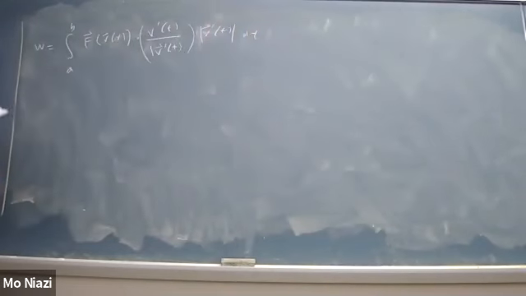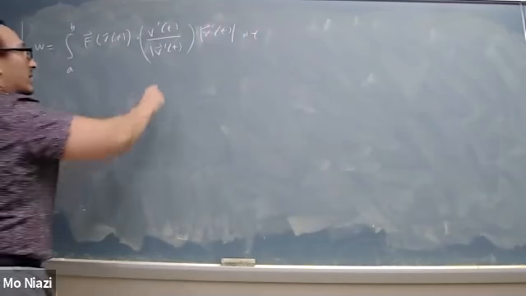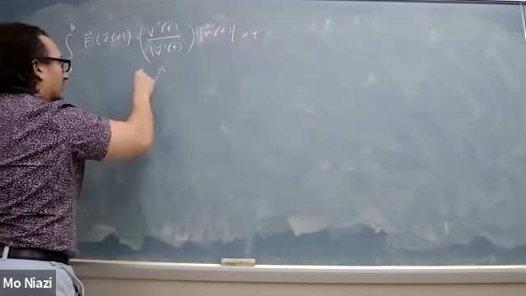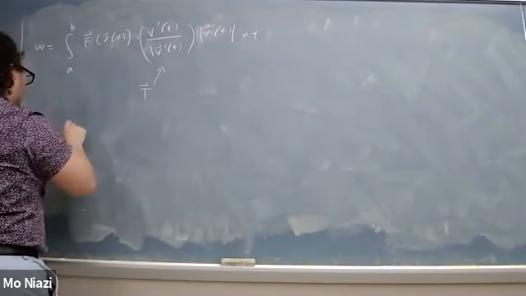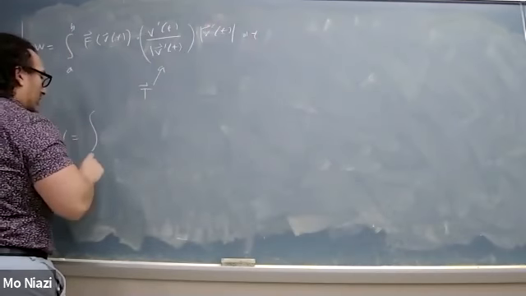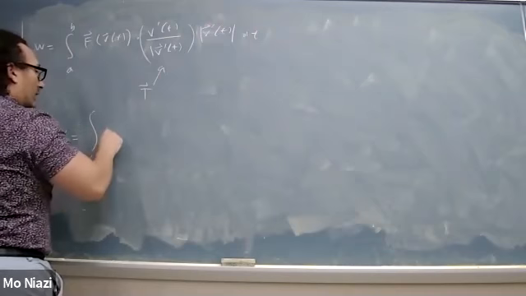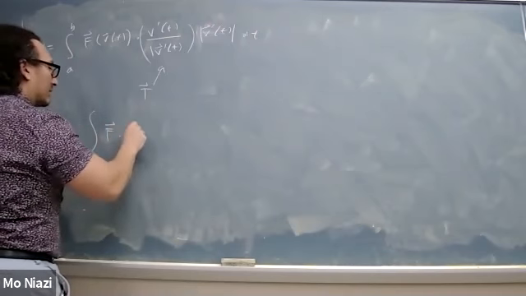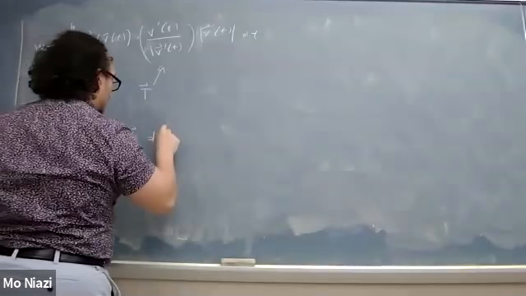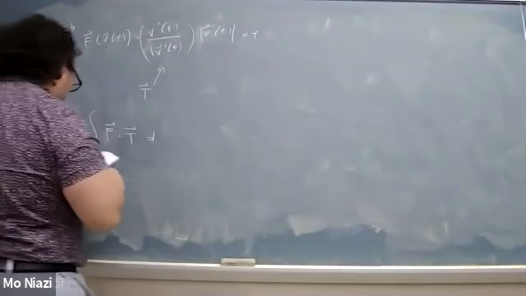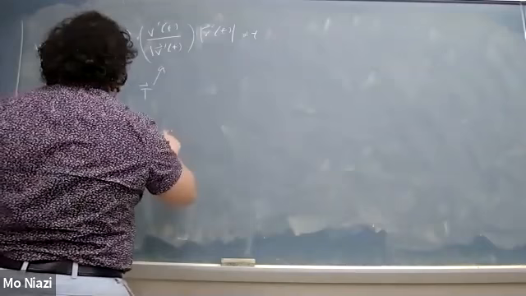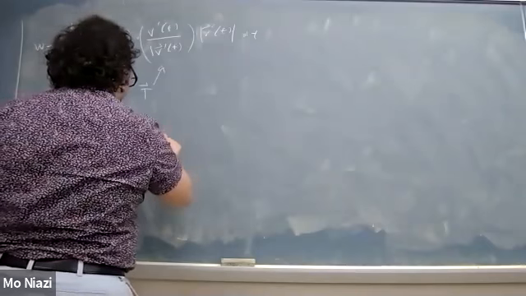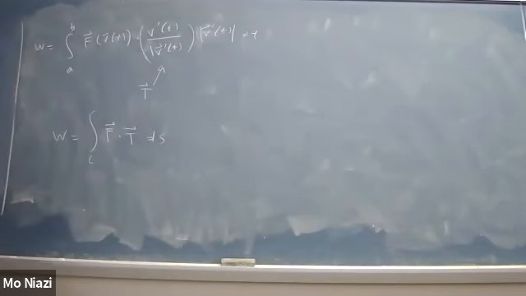The reason we can write the work as this now is because over here, this is the definition of our T. We had originally that work is the line integral of F dot T ds. These are all functions of s, ds being arc length.